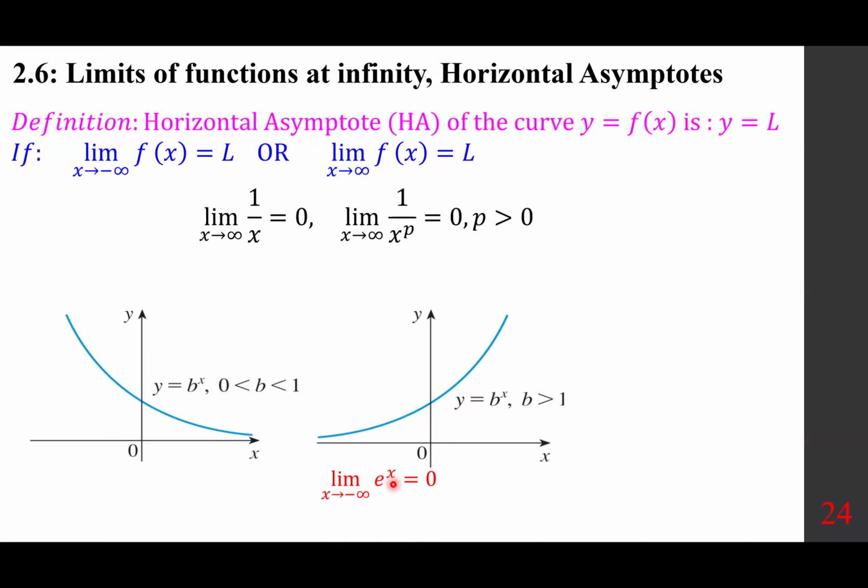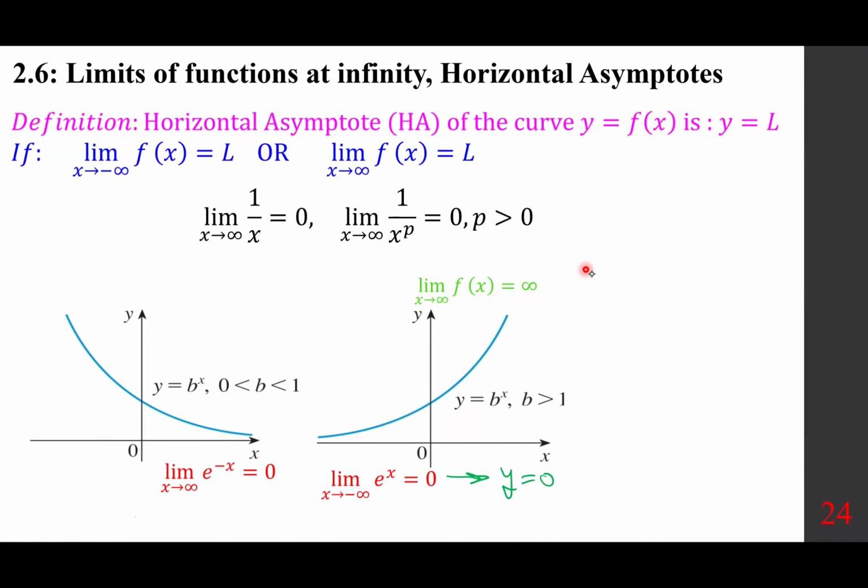As you can see, the limit of e to the power of x as x approaches minus infinity is 0. So y equals 0 is the horizontal asymptote. And of course, the limit of f of x as x approaches positive infinity is infinity. It blows up to infinity.